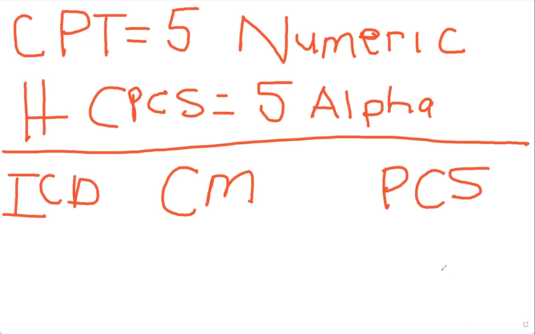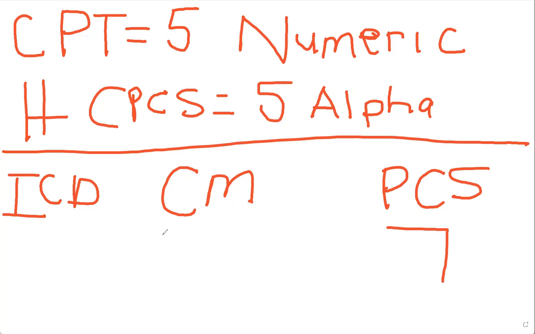How many characters do we have on the ICD-10-PCS code? Seven characters, 100% of the time. The PCS codes can start with a letter or a number, but of note, for ICD-10-PCS, the letter O and the letter I are not used so that they are not confused with the number 0 and the number 1.